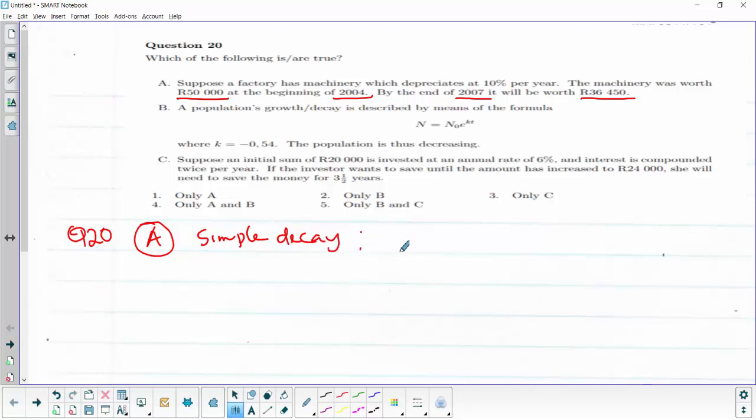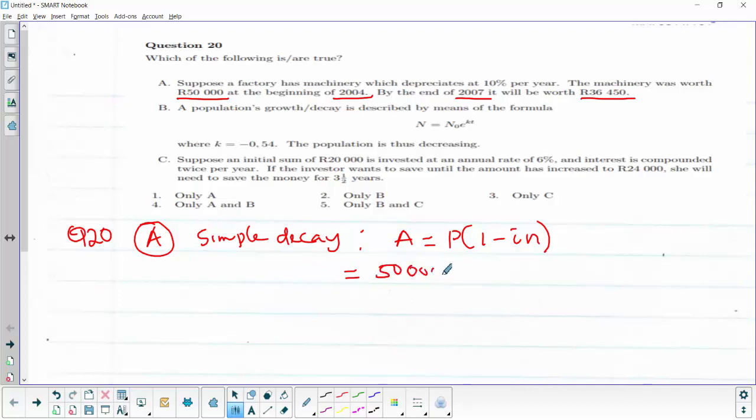This is the formula: amount is going to be principal into 1 minus in. So this is the principal, I is the rate, and n is time.